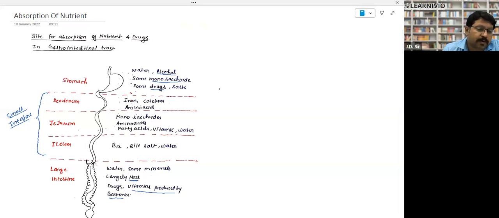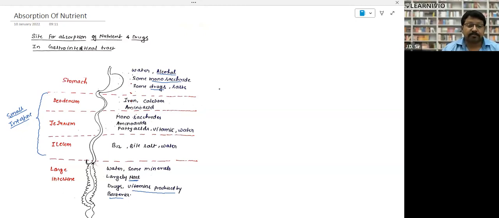So look, this is the stomach part, and this is the complete small intestine. Then I have divided it into duodenum, jejunum, and ileum, and this is the large intestine. So normally, partial digestion takes place in the stomach. We have already understood that complete digestion does not take place in the stomach; the partial digestion takes place.